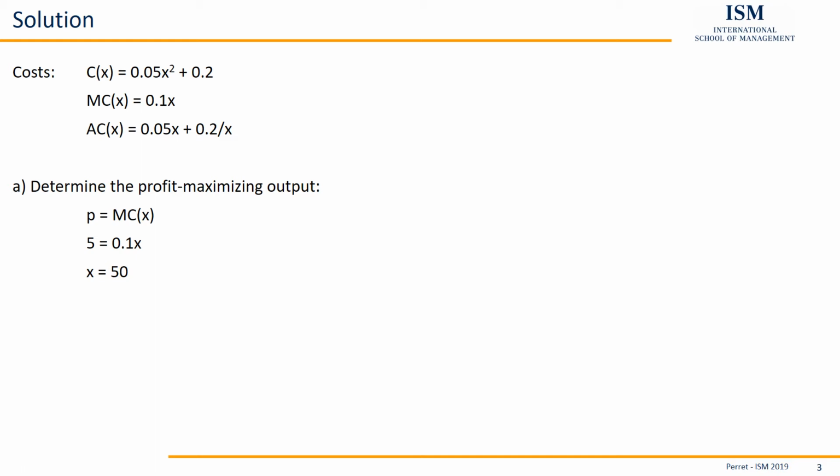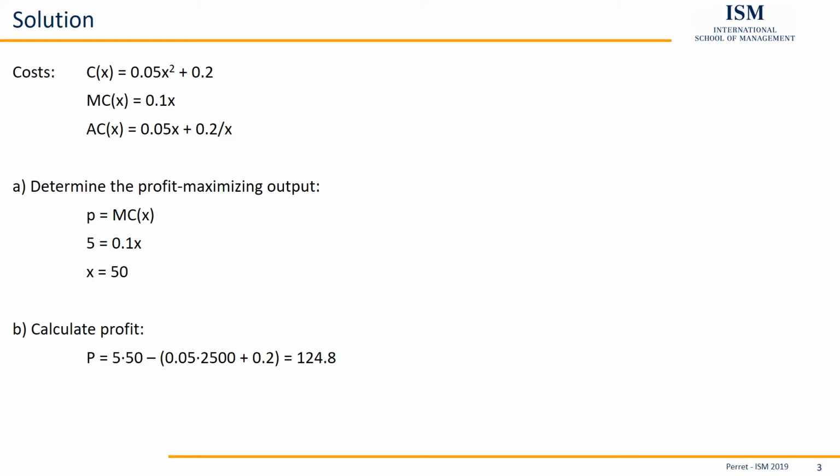Perfect. Then we have price, we have quantity, so that means we have everything we need to calculate the profit. So to start with part B: the profit is determined as revenues minus costs, revenues being quantity times price. And the cost, we simply insert the quantity we have into our cost function.